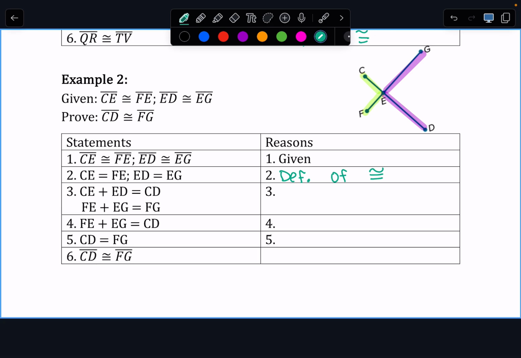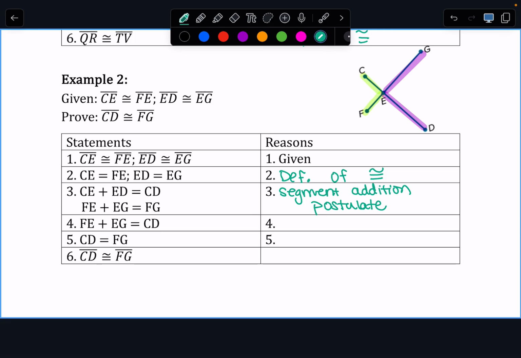Okay. What's going on in step 3? Okay. So, this is where it gets weird.